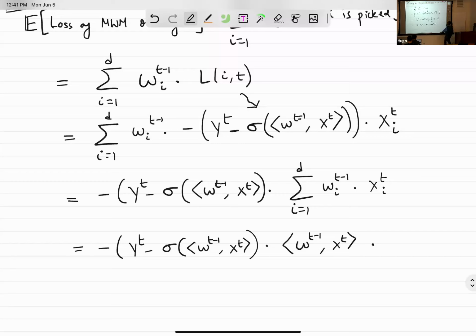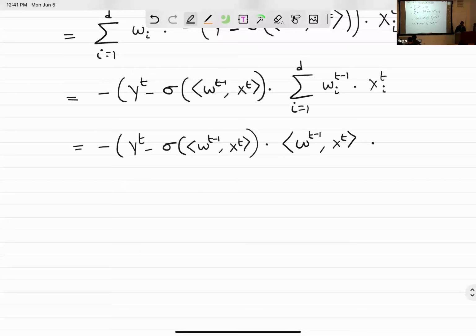So the expected loss on day T is whatever the centered thing is times the inner product itself. Okay. So this is an exact equality.